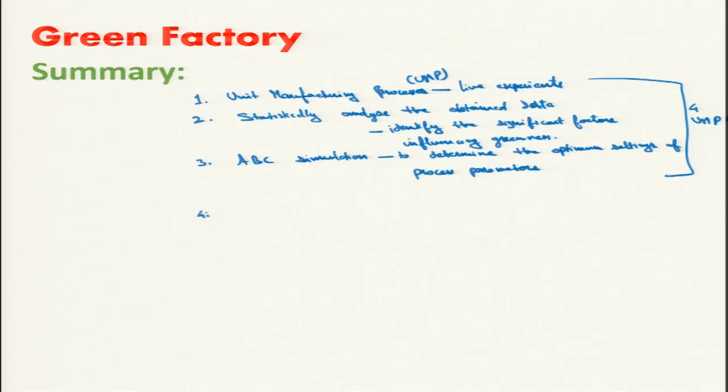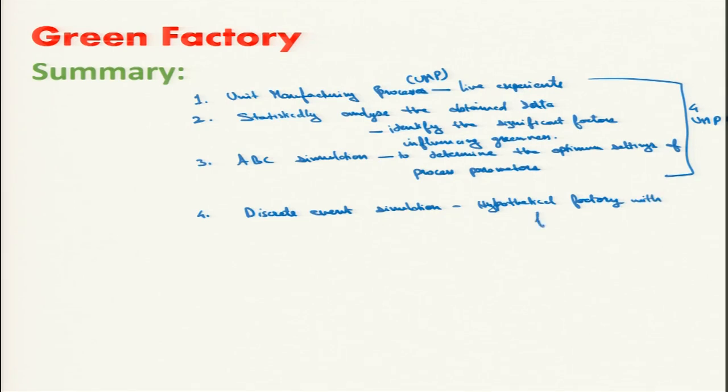Now, step 4 was we developed a complete hypothetical flow shop with 2 lines and conducted discrete event simulation, using a hypothetical factory with flow lines.